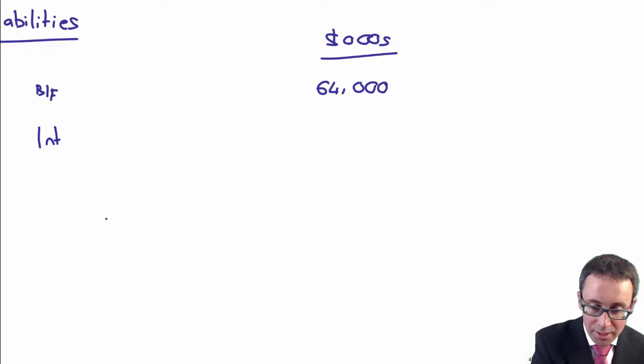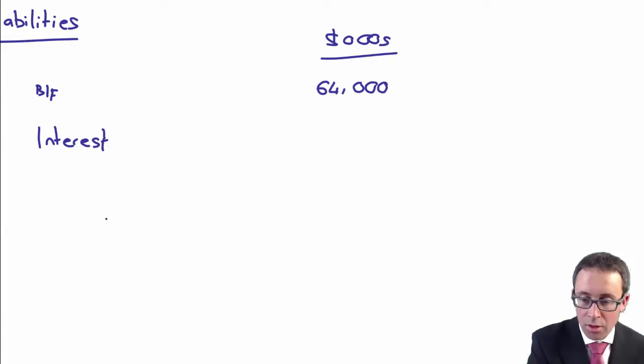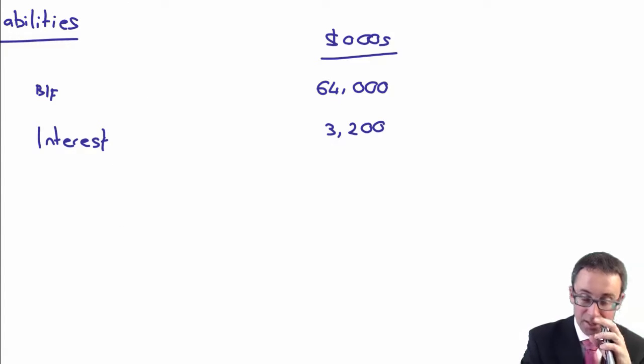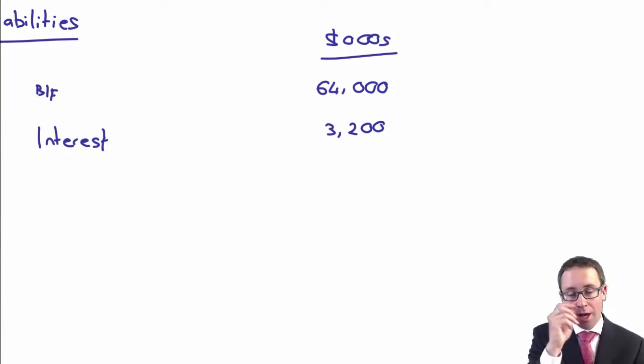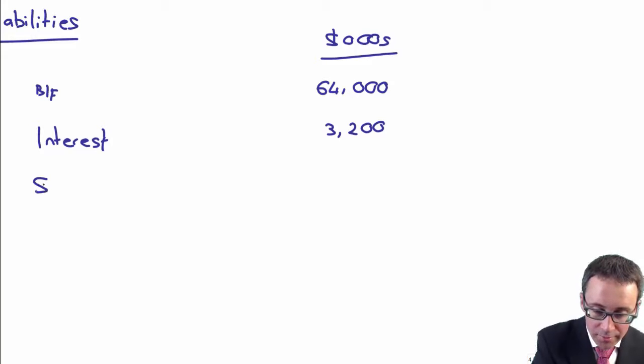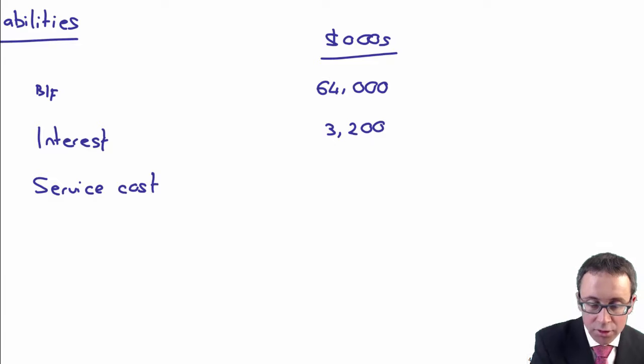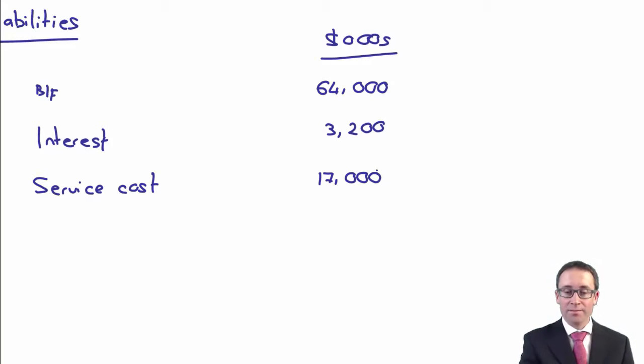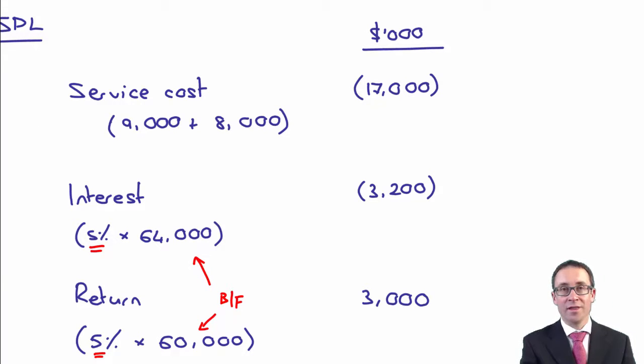And on the liabilities, you have your interest, which I think was 3,200, if I remember correctly. You've then got your service cost while we're in the liabilities. The service cost, you debited profit or loss, credited the pension liability. So there was the 9 million and the 8 million. That's 17, isn't it? If you don't believe me, it's that figure there.